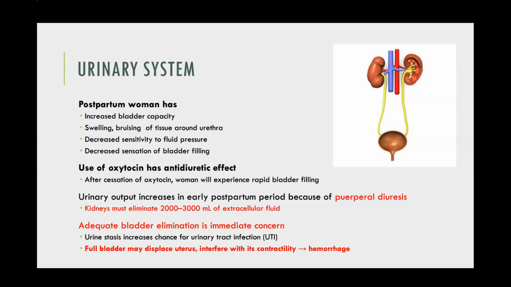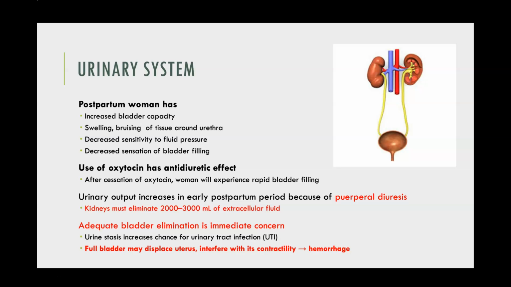So it is very important that they are able to eliminate what is building up in the bladder. This is an immediate concern in the postpartum period. Women who have urinary stasis are at risk for urinary tract infections. Also, as the bladder fills up, it will displace the uterus and interfere with its contractility, and then your mom is at risk for a postpartum hemorrhage.